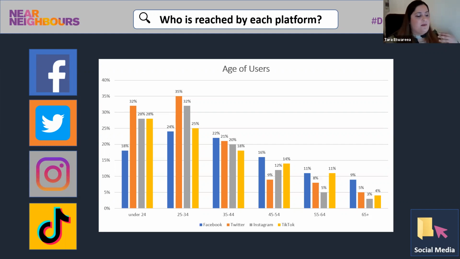All social media platforms are higher amongst the younger generations, but Twitter and Instagram especially. TikTok is still popular and gaining popularity. TikTok is represented by the yellow in this. So 28% of young people are on TikTok.